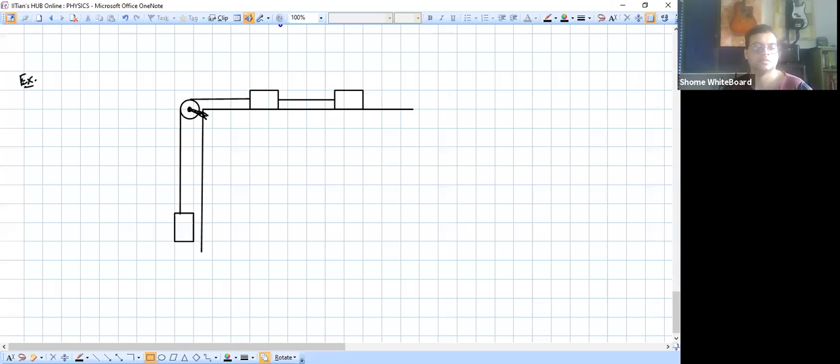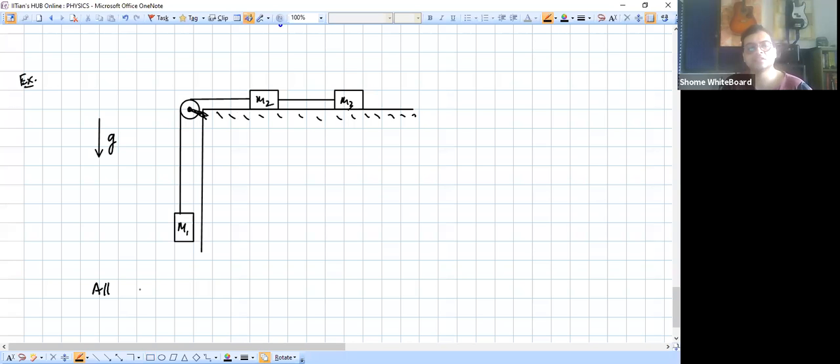Okay. So let us say this block is mass m1, this block is of mass m2, this block is of mass m3, and this is a smooth horizontal surface. And of course gravity is acting vertically like this.